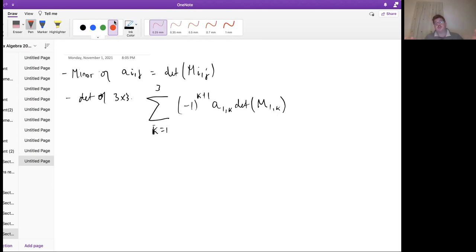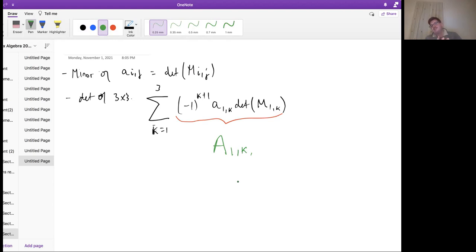So to put this into a more general form, let's clean up this definition and call this one thing. Let's call this capital A1k. So it's a formula. We're going to call A1k equal to (-1) to the k plus 1, times a1k, times the determinant of M1k. Is that okay?